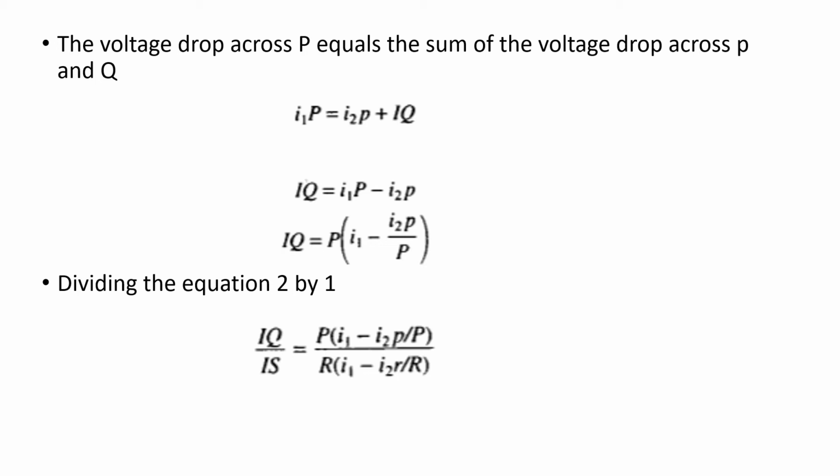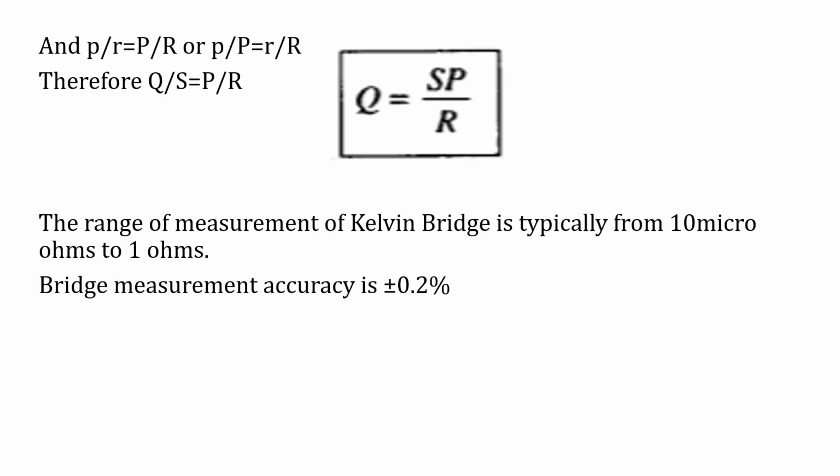So, dividing the previous equation by this equation, you will get IQ by Is is equal to P into (I1 minus I2 small p by capital P) divided by R into (I1 minus I2 small r by capital R).